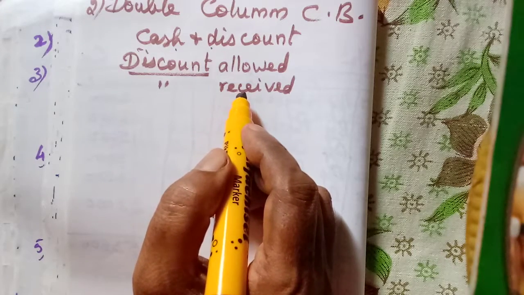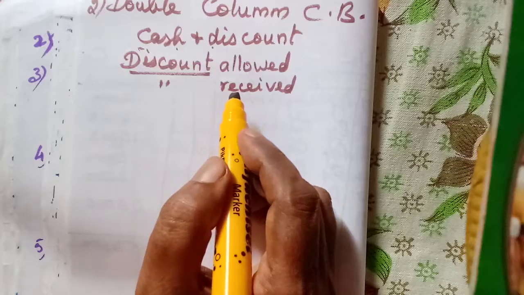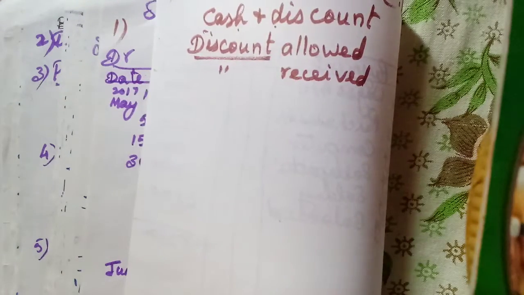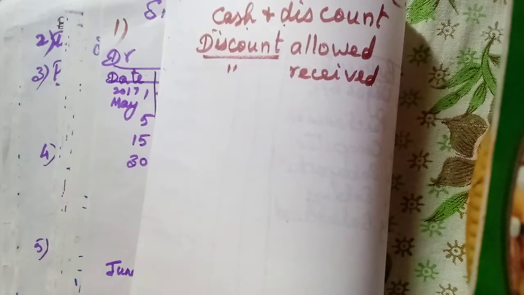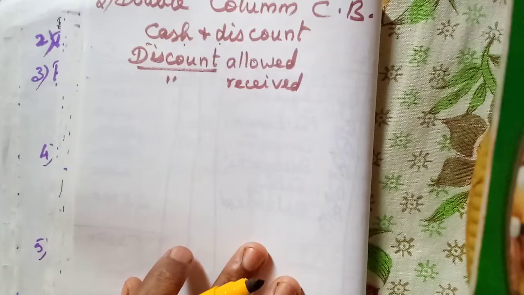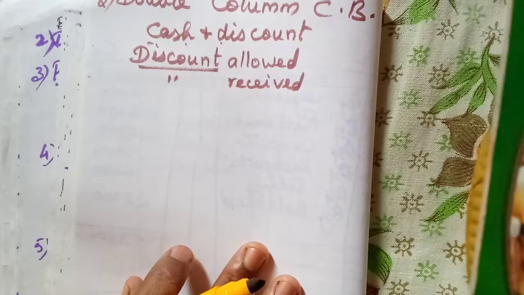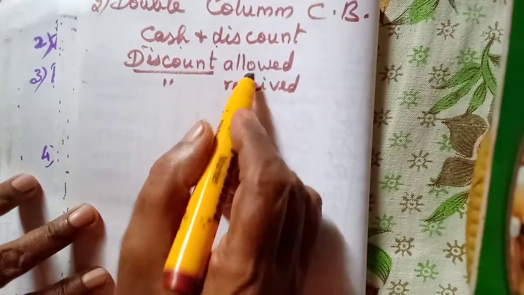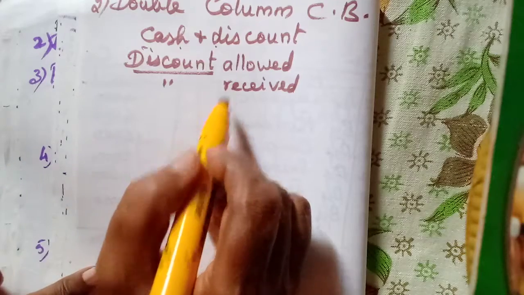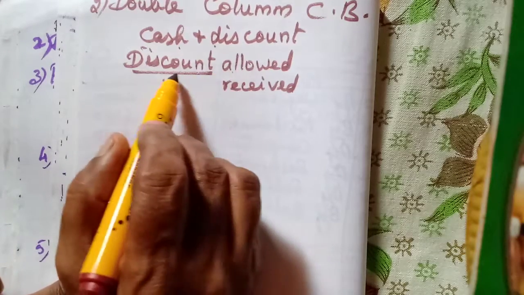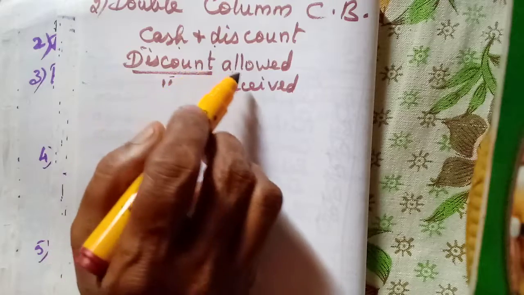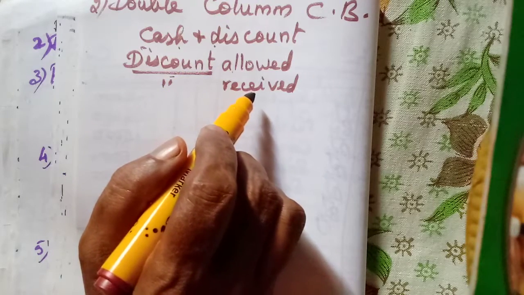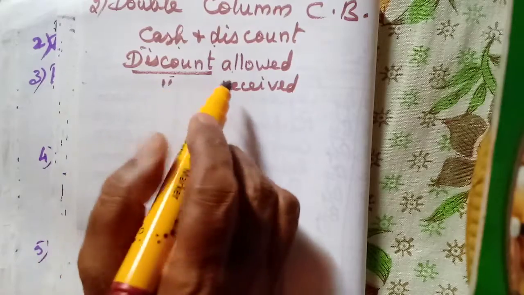For him that is discount received. One who gives the discount, that is called discount allowed. So here the seller allows the discount, the buyer receives the discount. For the seller that discount is called discount allowed, and for the buyer or for the debtor we can say, for him it is the discount received.